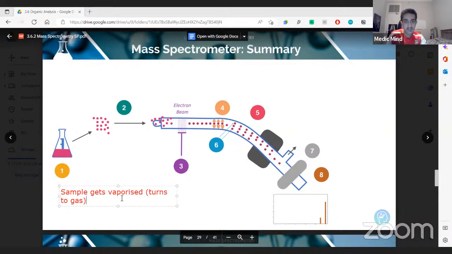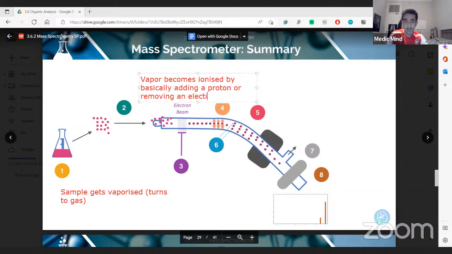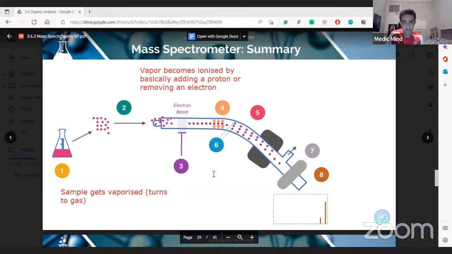It enters the machine. Once it enters the machine, it becomes ionized. So the vapor becomes ionized by basically adding a proton or removing an electron. Either way, you form lots and lots of positively charged ions.